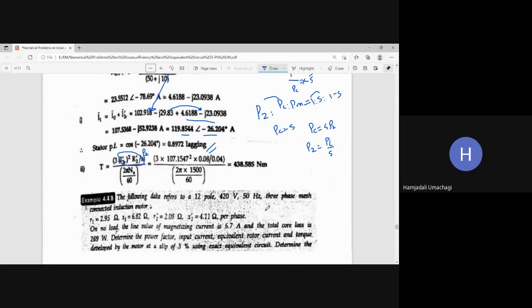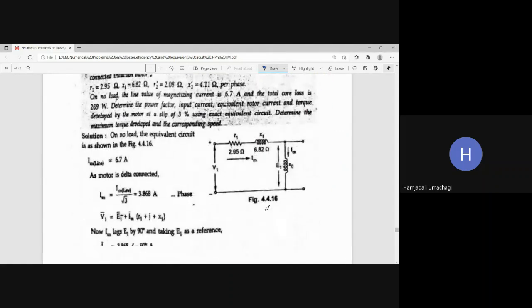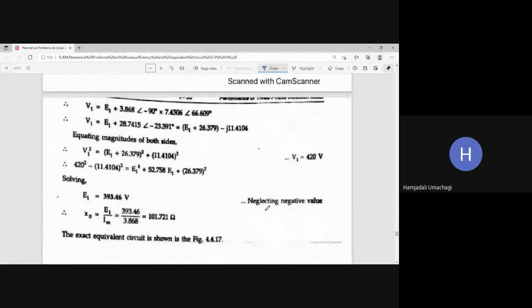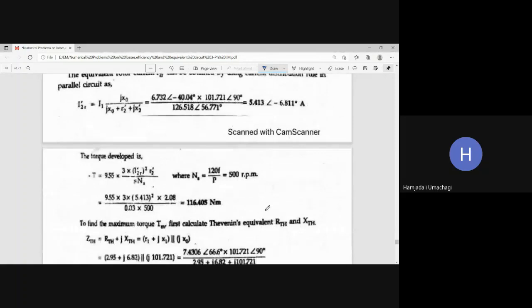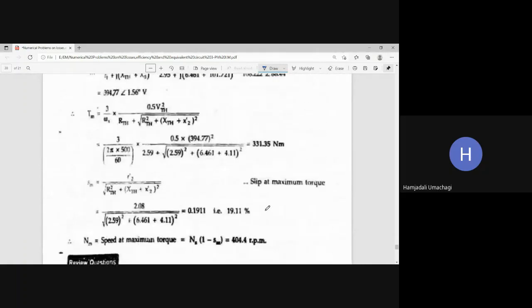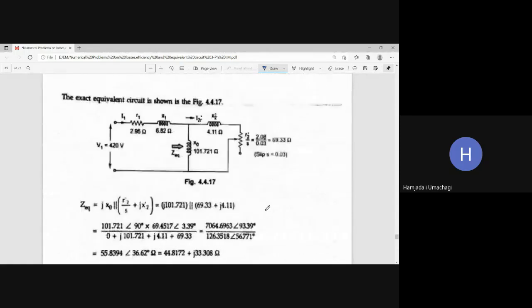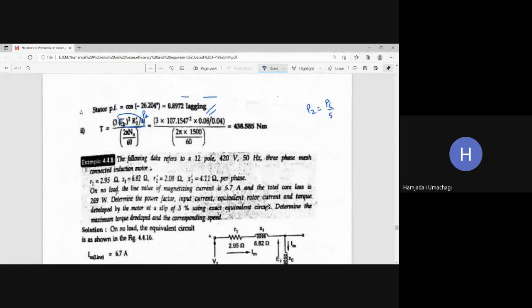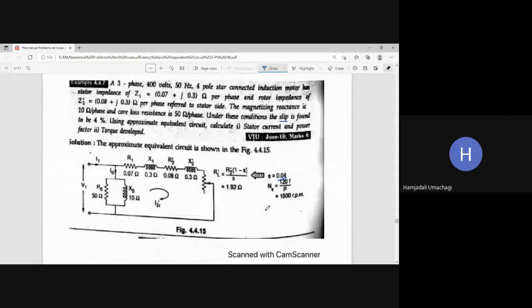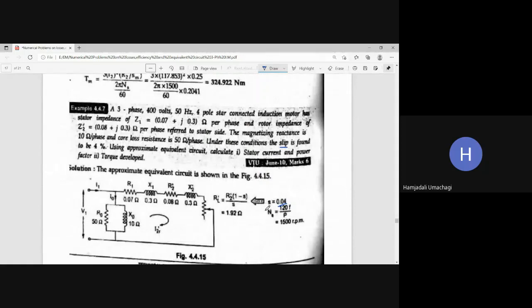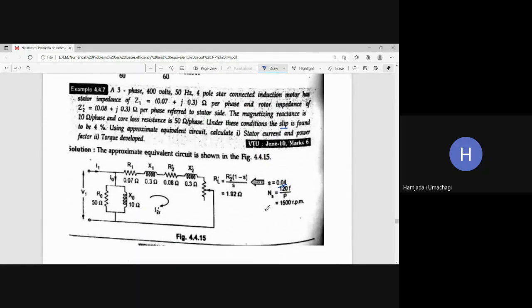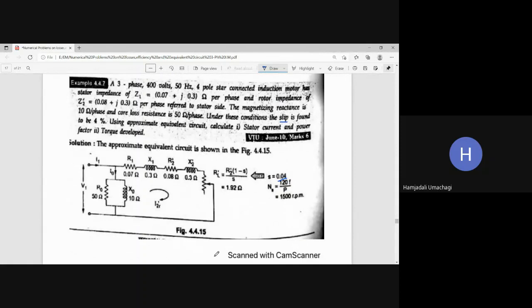Similar kinds of problems are given here. You can solve the remaining problems. These are all problems based on the equivalent circuit of three-phase induction motors. All these are important problems which will be asked in the final exam, that might be based on the losses and efficiency of the induction motor, or on the equivalent circuit of a three-phase induction motor, and will be asked for 8 marks, 10 marks or 6 marks, depending upon the parameters you need to calculate.